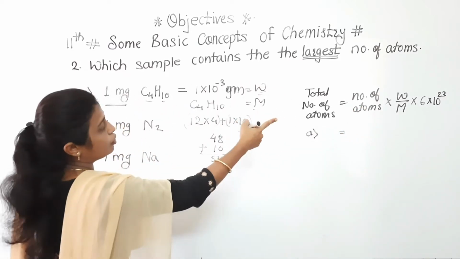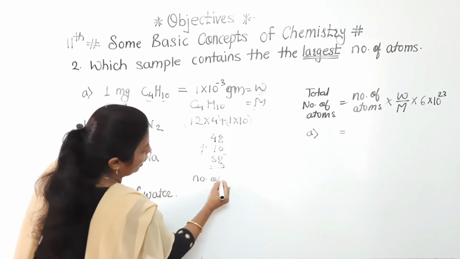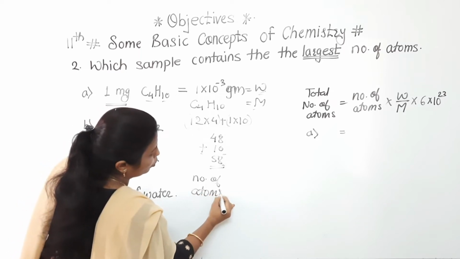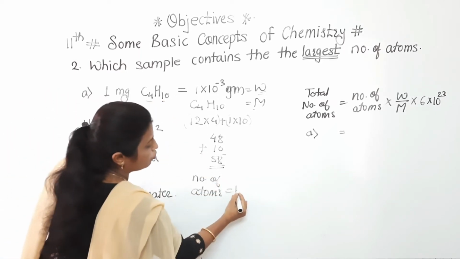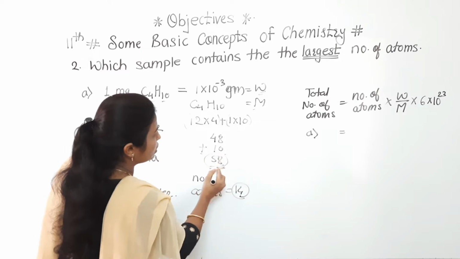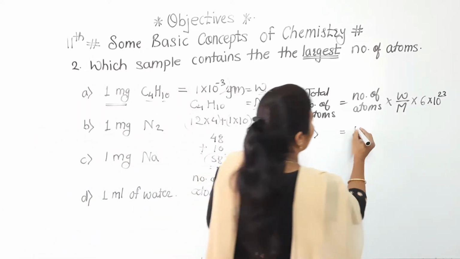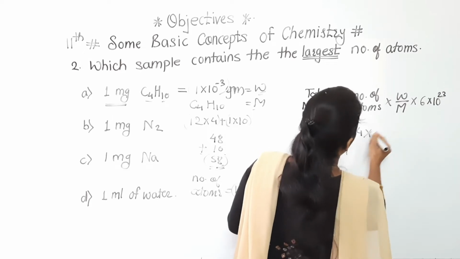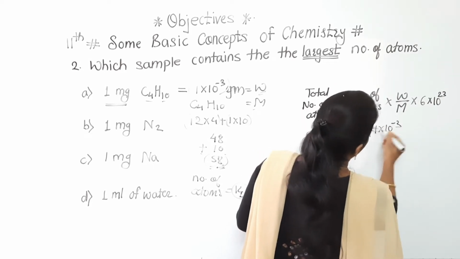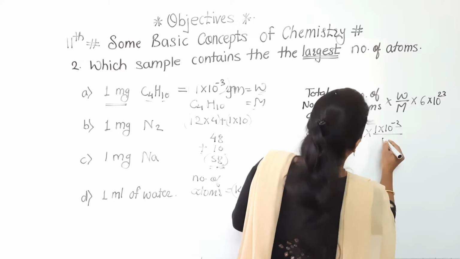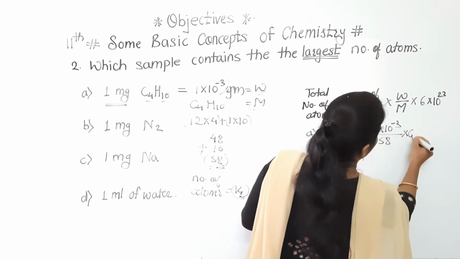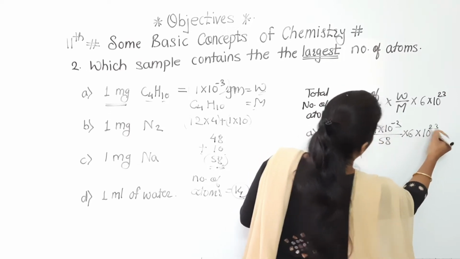Now see, number of atoms. How many atoms are there? What is the atomicity? 10 plus 4, 14. So this value and this value we are putting in that formula. Now see, 14 into 1 into 10 raised to minus 3 divided by M, that is 58, into 6 into 10 raised to 23.